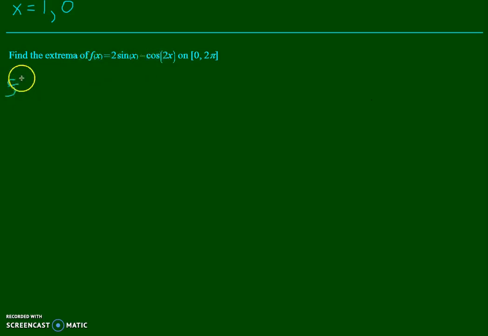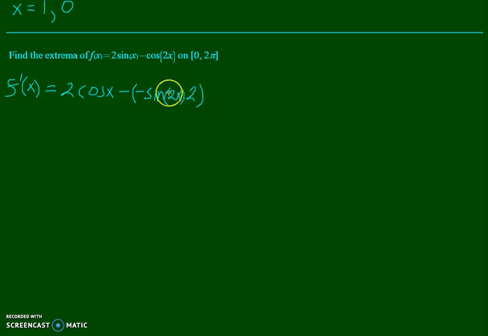So f prime of x is, pull the 2 out, derivative of sine is cosine, minus derivative of cosine is negative sine, and this is going to be the chain rule, so the derivative of the whole thing with the inside piece intact times the derivative of the inside, and the derivative of the inside is just 2.